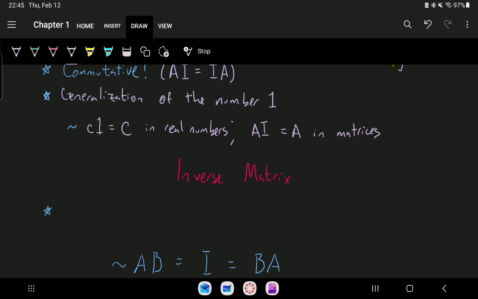So to define this, we're going to let A be some n by n matrix.